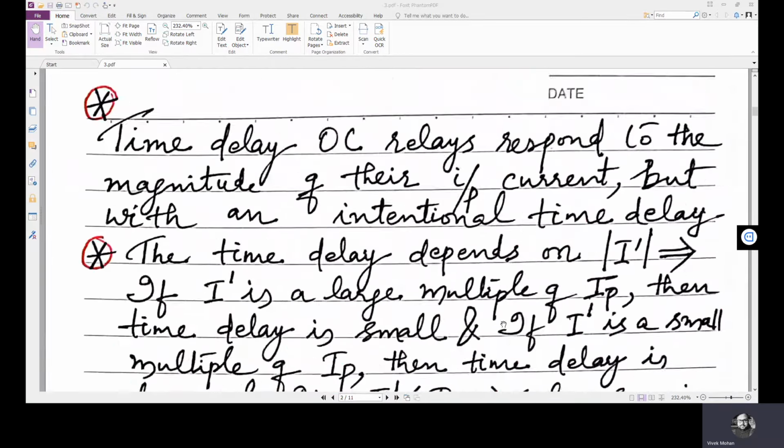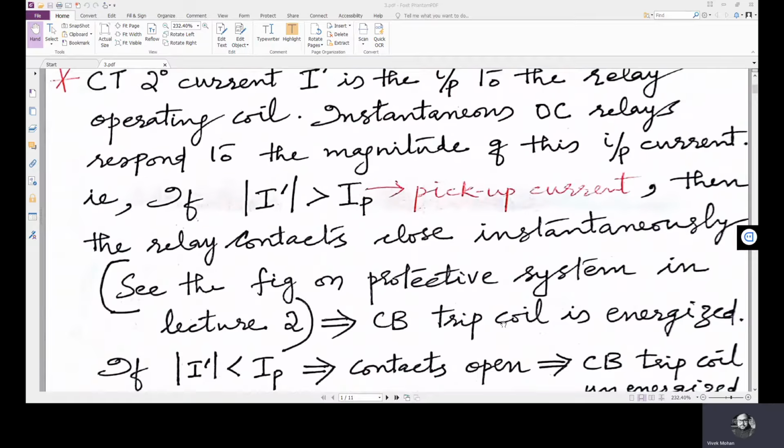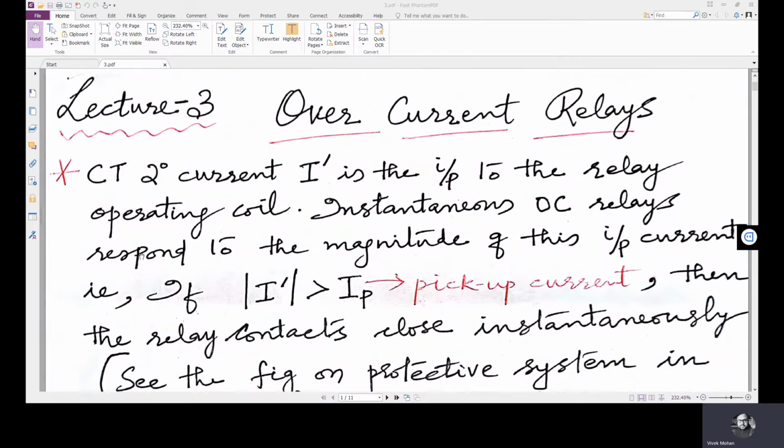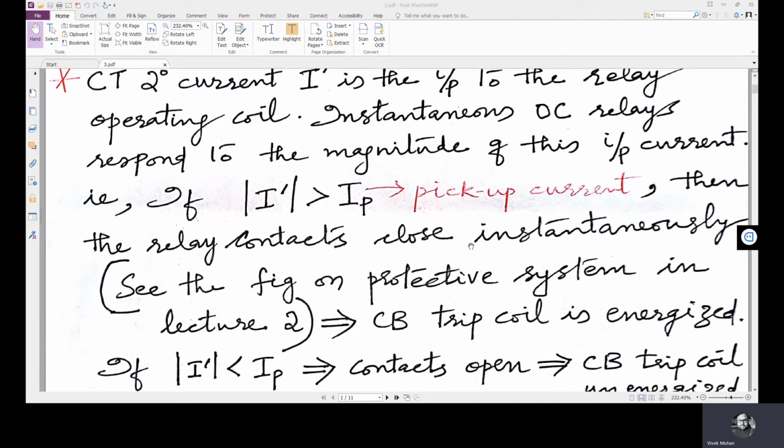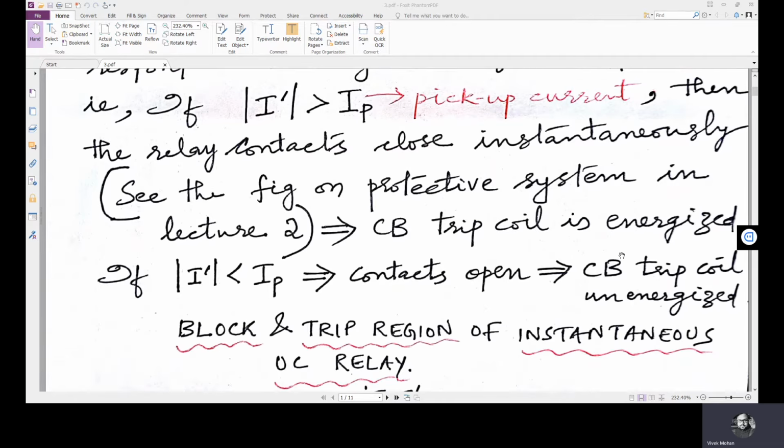Okay, now let's see these things from the text, what is written here. The CT secondary current I dash is the input to the relay operating coil. Instantaneous overcurrent relays respond to the magnitude of this input current. If the magnitude of I dash is greater than IP, the pickup current or the threshold value, then the normally open relay contacts close instantaneously.